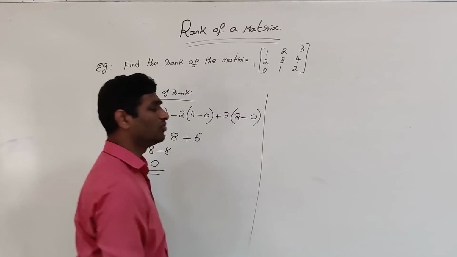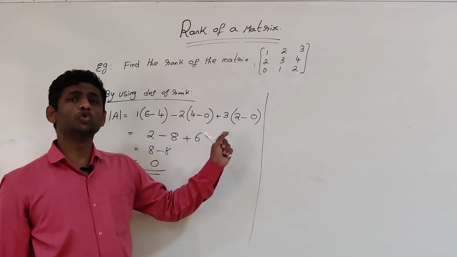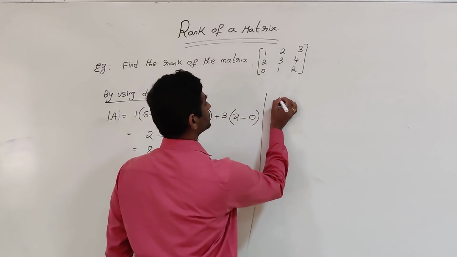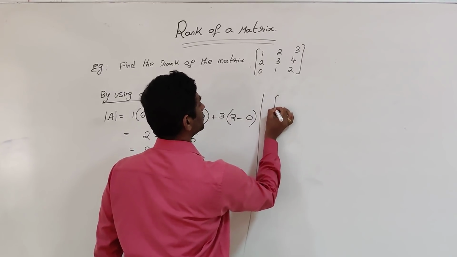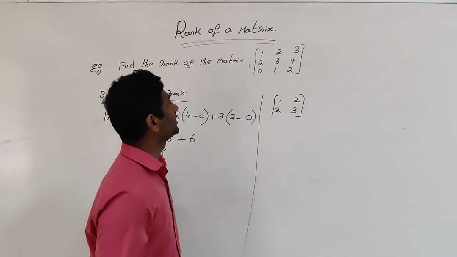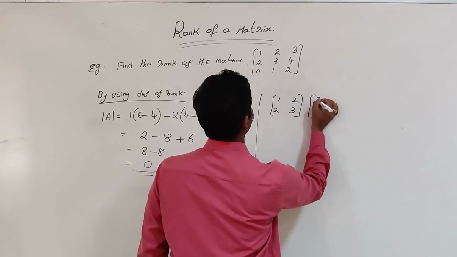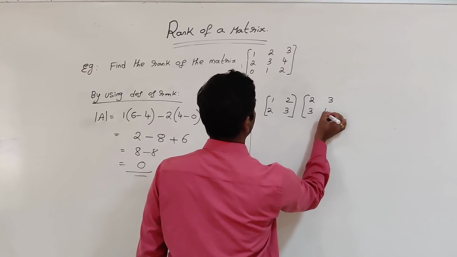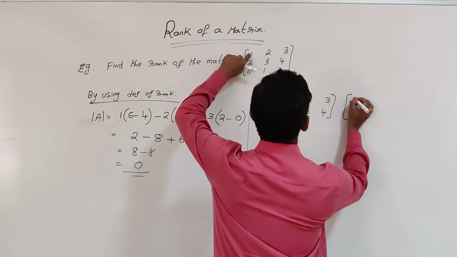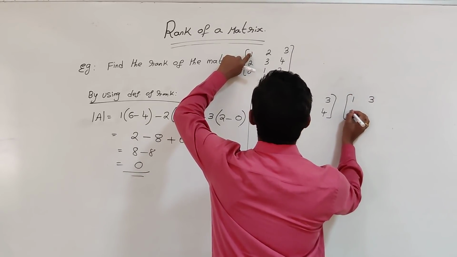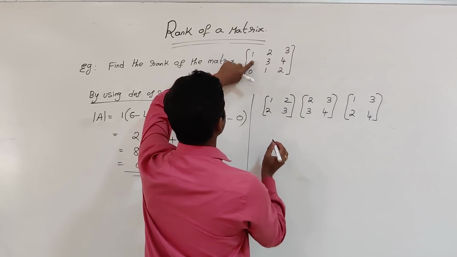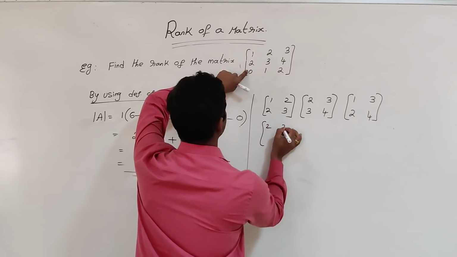So we have to go through all 2 by 2 square submatrices. What are the 2 by 2 square matrices? 1, 2, 2, 3 is one 2 by 2 square submatrix. 2, 3, 3, 4 is another. Next, 1, 3, 2, 4 is one. Next, 2, 3, 0, 1.